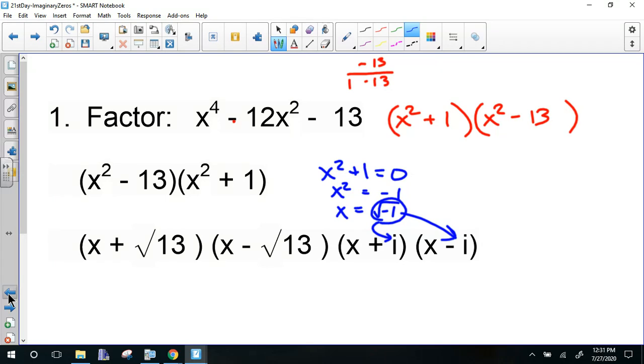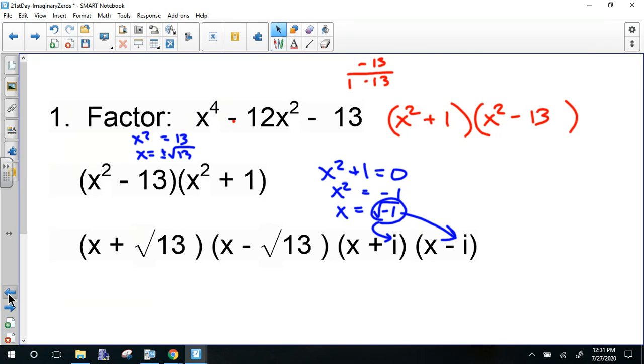And i's have to come in conjugate pairs, 1 plus and 1 minus. If I do the same thing to this one, I get x equals plus and minus root 13. So plus root 13, minus root 13.